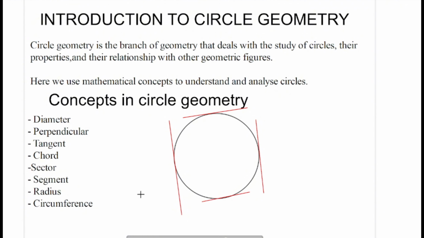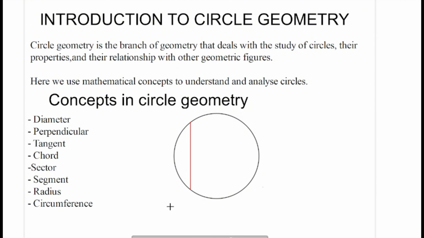All right, so the next concept you should know is a chord. What's a chord? A chord is a line that divides a circle into two. It can be two equal parts, or it can just be into two parts. Forget all the grammar, these are just simple names given to lines and curves and parts of a circle.